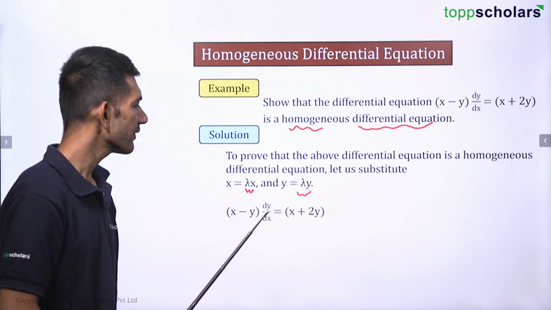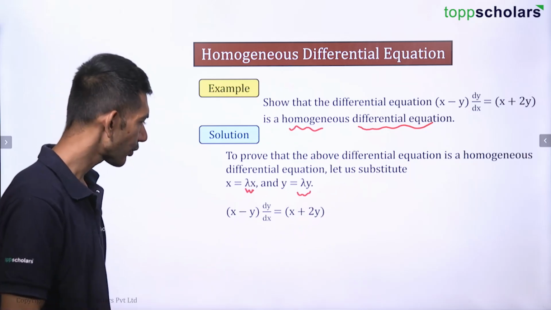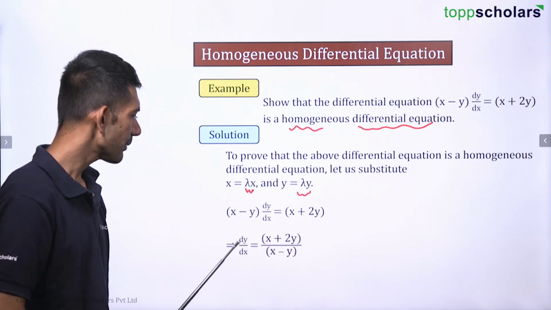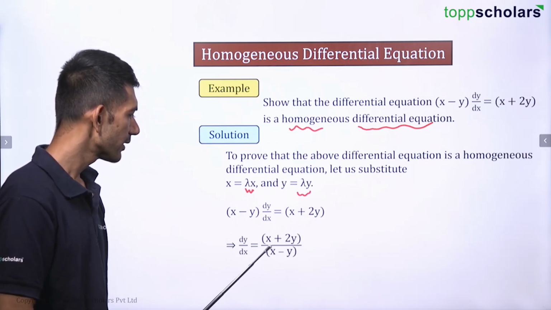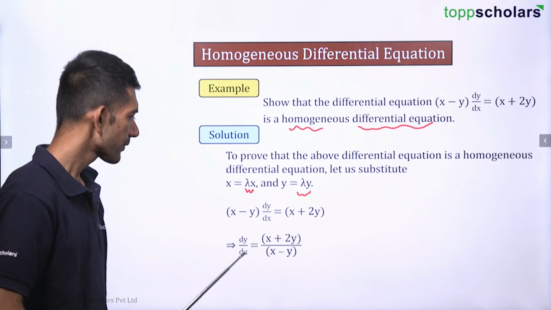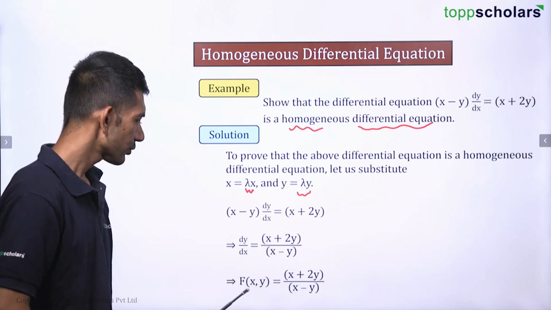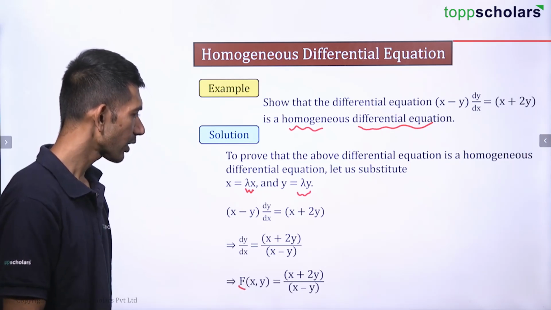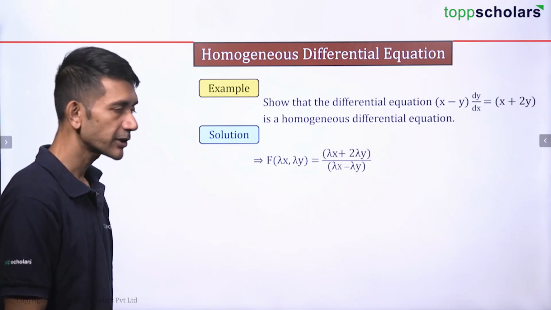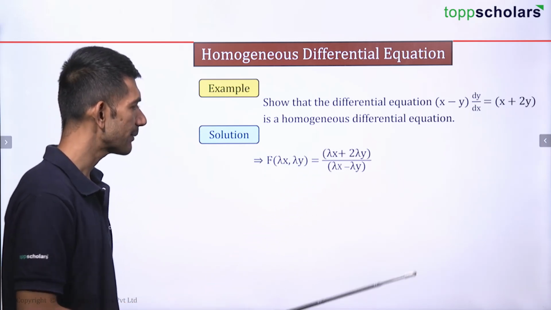So (x − y) dy/dx = x + 2y. This is already given. So can I say dy/dx = (x + 2y)/(x − y)? We have just transposed the term there. Now, this is function F. We are going to substitute x as λx, y as λy.